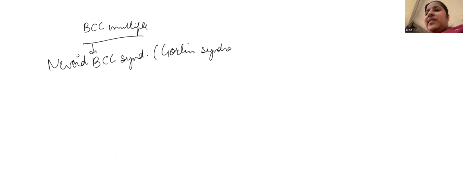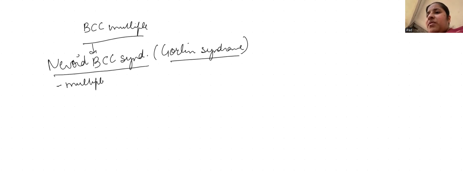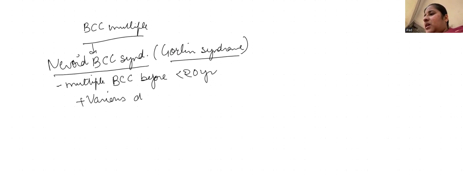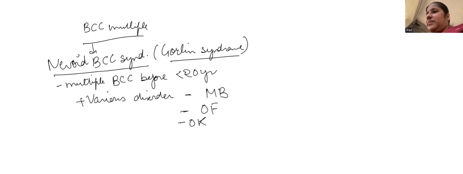So in nevoid BCC syndrome, we will have multiple BCCs before the age of 20 years, plus various disorders are associated with it, like medulloblastoma, ovarian fibroma, and odontogenic keratocyst. In this, there is a mutation of the PTCH gene.